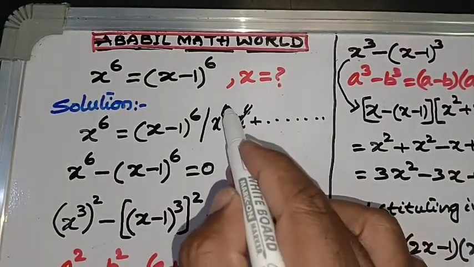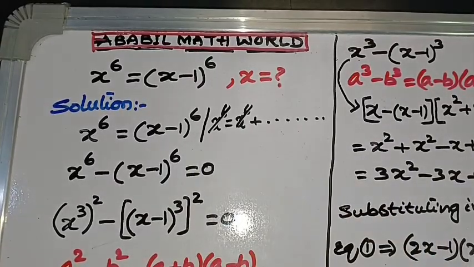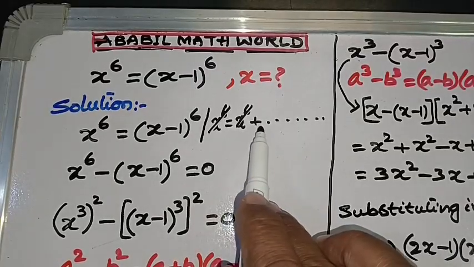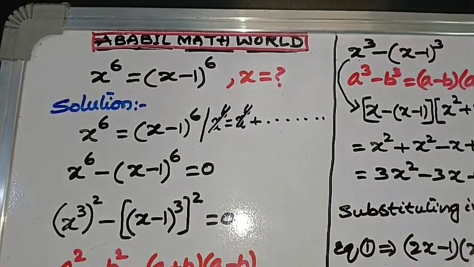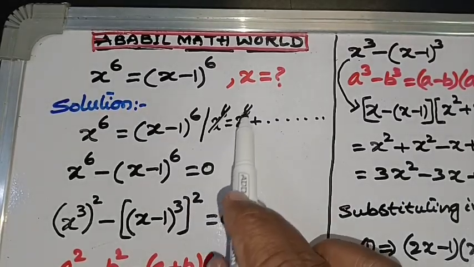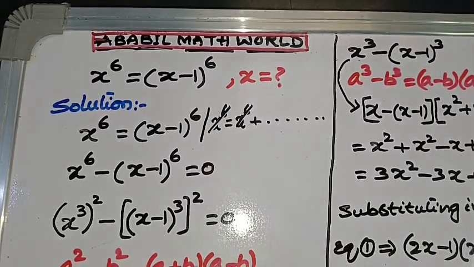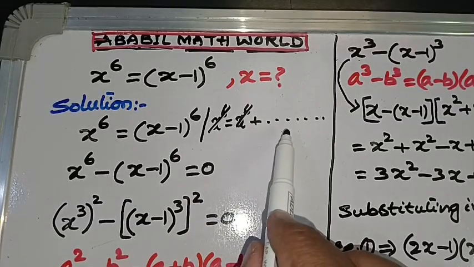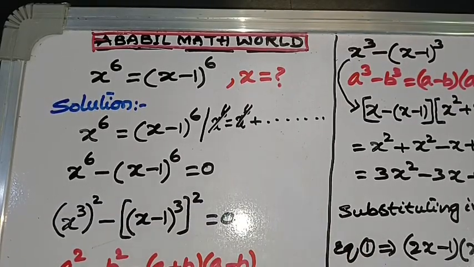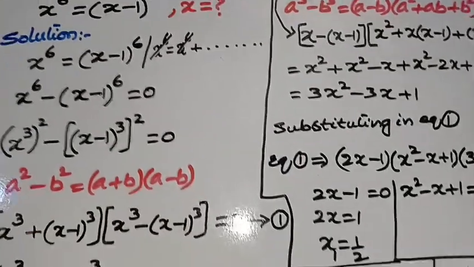So this x to the power of 6 and x to the power of 6 cancel, and we will get a 5th degree polynomial equation equated to 0. So not sixth degree, because x to the power of 6 and x to the power of 6 are cancelled. So it is only a fifth degree polynomial equation. So it has 5 roots, and we have got all the 5 roots.